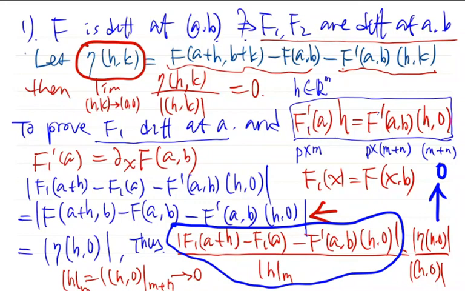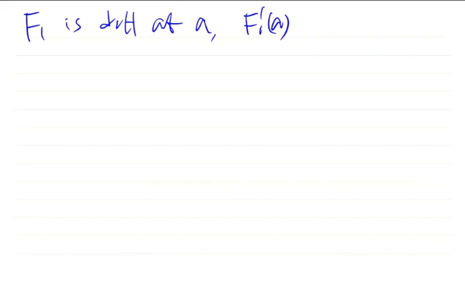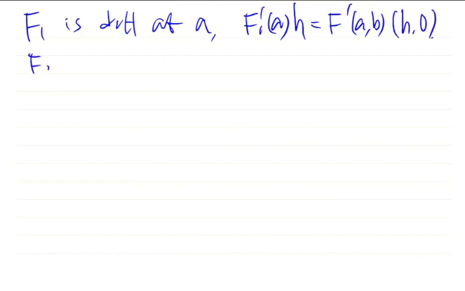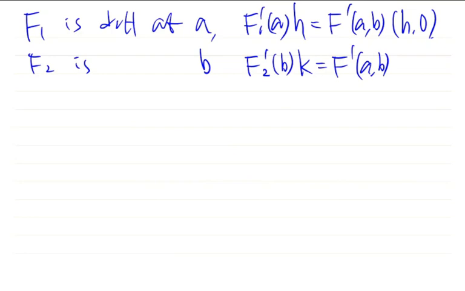So in conclusion, we have proved that f1 is differentiable at the point a, and the derivative of f1 acting on h is the derivative of F at (a, b) acting on (h, 0). Similarly, you can prove that f2 is also differentiable at the point b, and the derivative of f2 at the point b acting on k is the derivative of F at (a, b) acting on (0, k).